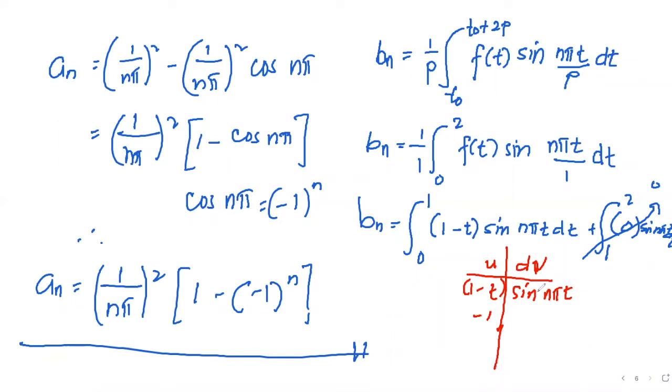So the left column is differentiation, and for the right column, you are to integrate this one. Integrating sine, you have negative cosine with neutralizing factor. And then on the left column, you are to differentiate until it becomes 0. So that ends your integration on the right column.